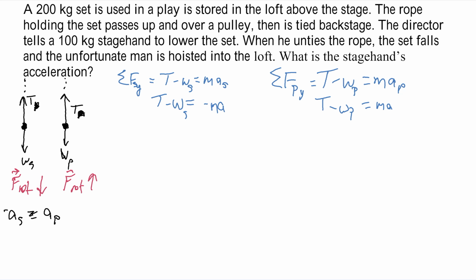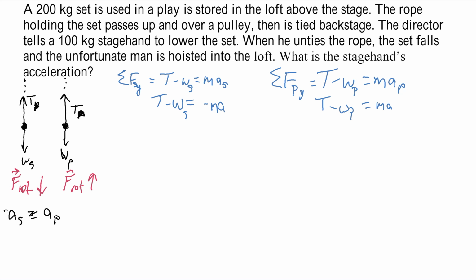Now, what are we looking for? Acceleration. In these two equations, we have tension, which we don't know. Weight is mg. Do we know the weight or the mass of the stage or the set? Yes, so we do know the weight there.